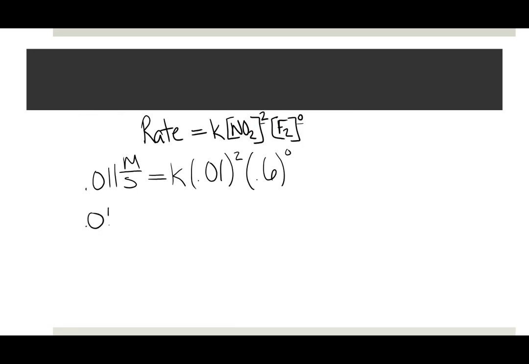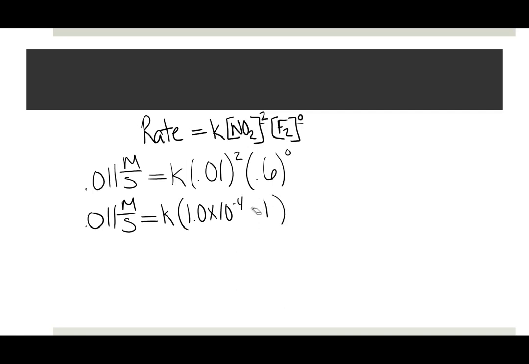So just rewrite the rate. That equals K. 0.01 squared equals 1.0 times 10^-4. And then 0.6 to the 0 power is again just 1.